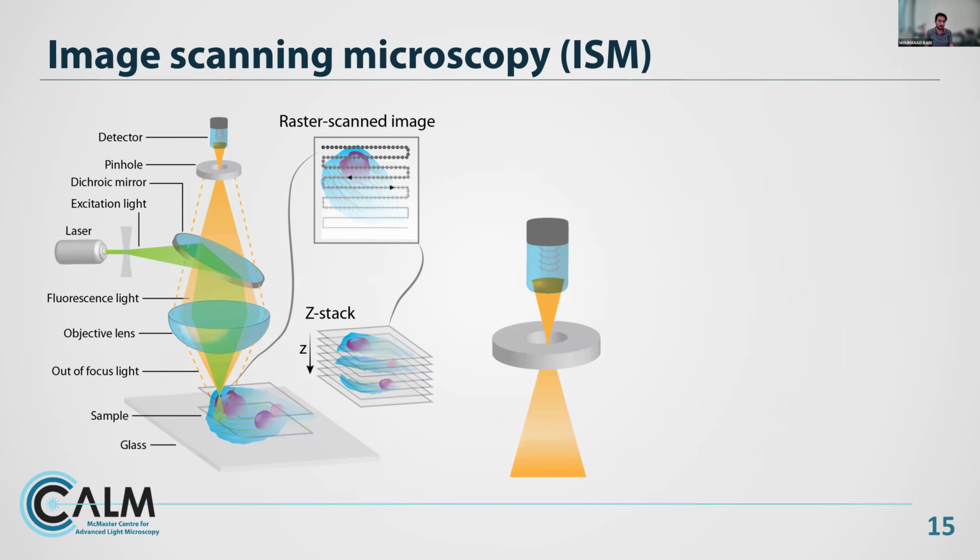One of those techniques is called image scanning microscopy, and a popular commercial implementation of this is the Zeiss Airyscan technique, which is essentially a confocal microscope, but instead of passing the light through a pinhole and detecting it with a photomultiplier tube, we remove the pinhole, and in its place we have an array detector.